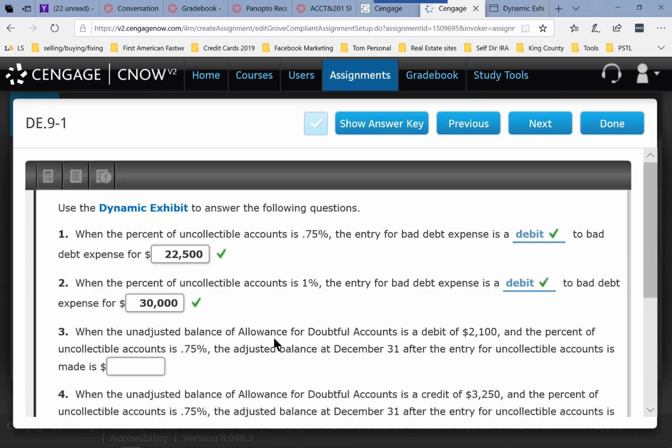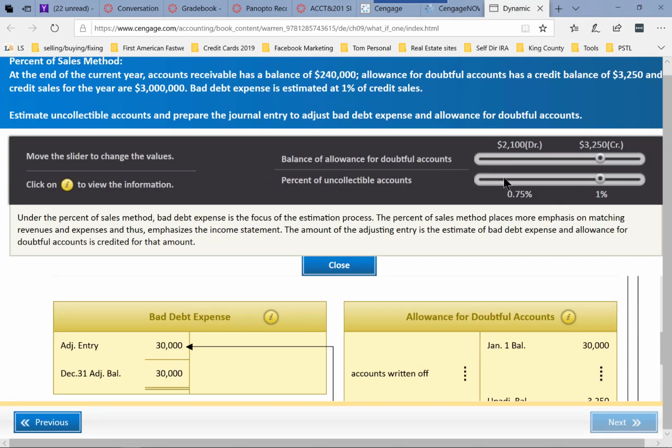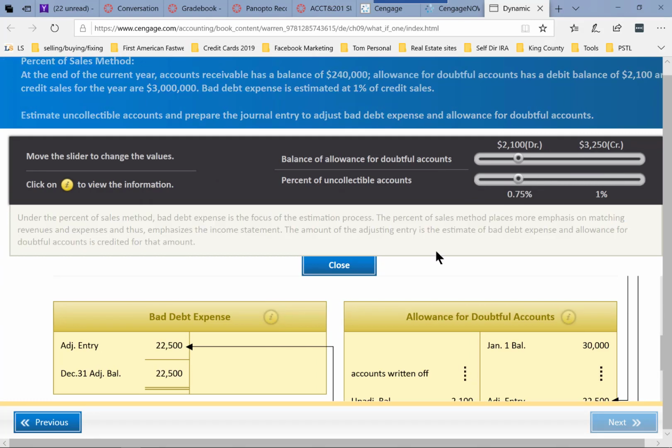The unadjusted balance for the allowance for doubtful accounts is $2,100, and the percent of uncollectibles is 0.75. The adjusted balance at December 31 after the entry for uncollectible accounts is what? Let's come over here to the dynamic exercise. Let's move this back to 2,100 and move this back to 0.75.